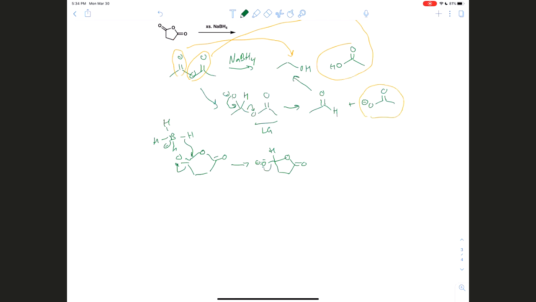We make our tetrahedral intermediate that has a good carboxylate leaving group. We get to an intermediate aldehyde carboxylate, and this can continue to reduce again. Does this clarify 12A for everyone?